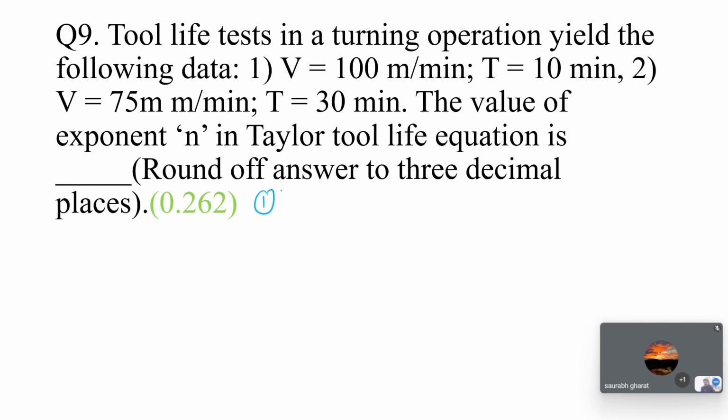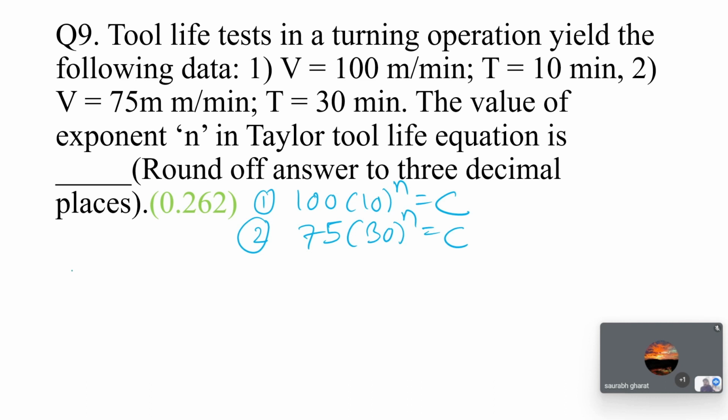The first equation is 100 into 10 raised to n, which is equal to your constant, and we have your second equation, 75 into 30 raised to n is equal to C. So we know both are equal to C. Therefore, 100 times 10 raised to n is equal to 75 times 30 raised to n.